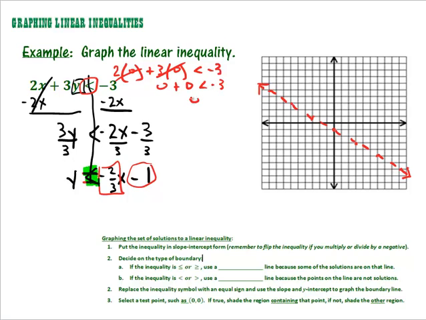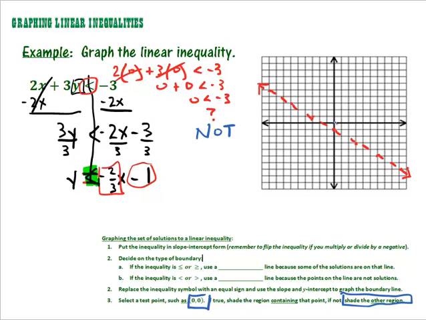So that's just 0 is less than negative 3. Now the question is, is this true? The answer is it's not true. So therefore, 0, 0 is not a solution.